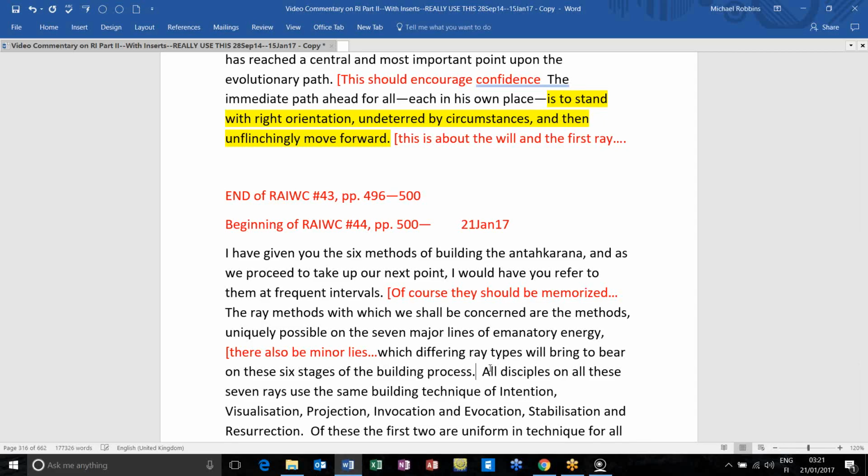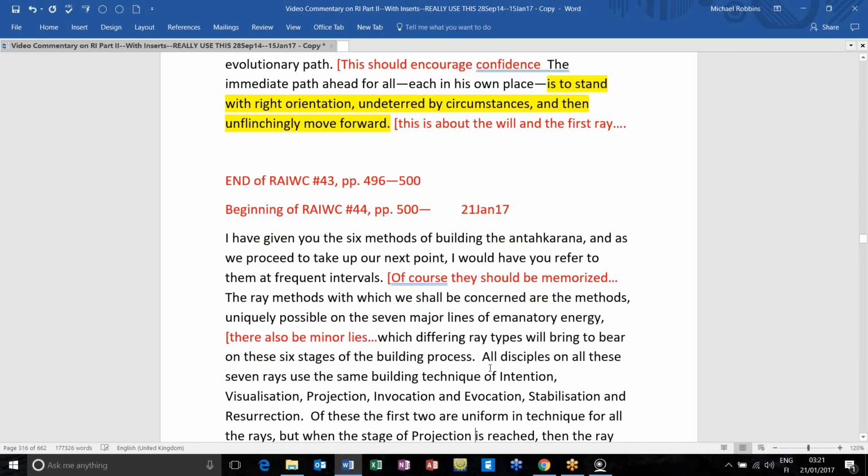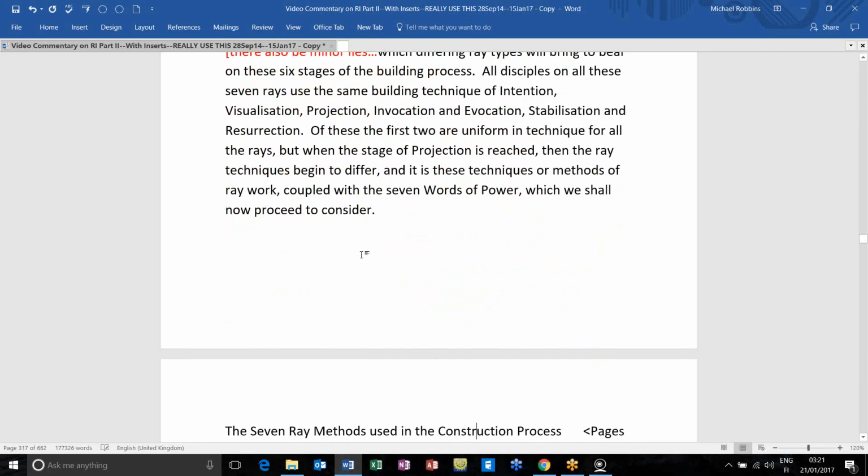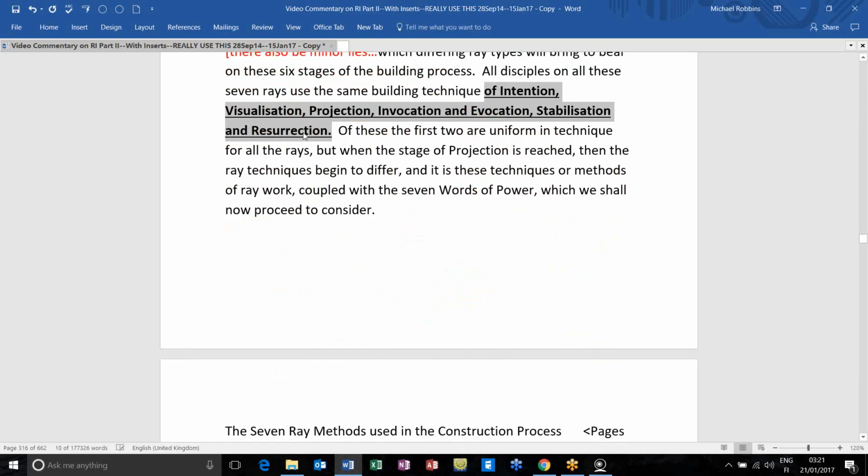All disciples on all these 7 rays use the same building technique of intention, visualization, projection, invocation and evocation, stabilization, and resurrection. The larger categories remain identical for all types. However, well, we'll get to it. The words of power are different.